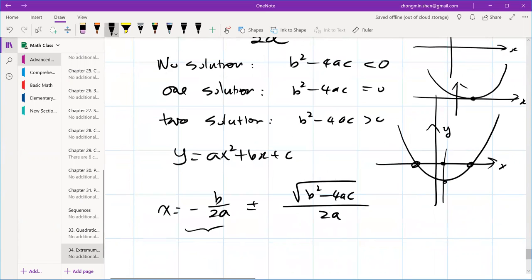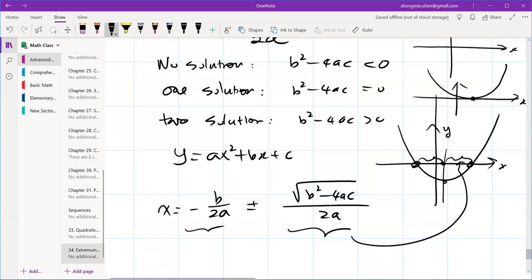So this will be the middle point between the two x-intercepts. And this is the distance in the picture, because adding this number and subtracting this number gives you the two intersection points.